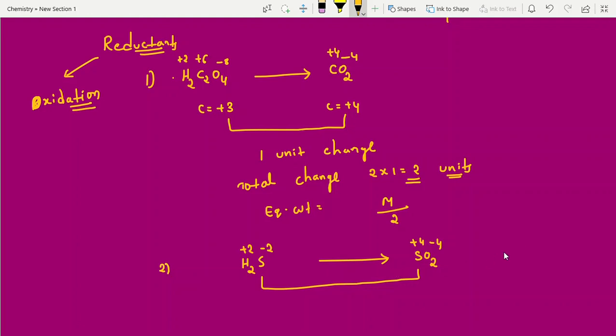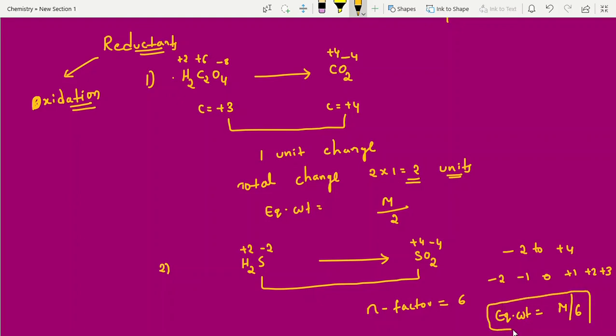Your most important point: -2 to +4. -2, -1, 0, +1, +2, +3, 1, 2, 3, 4, 5, 6. Don't take both; either you take this one or this one. So what is the n factor? n factor equals 6. Equivalent weight equals M by 6. That's it. Clear?